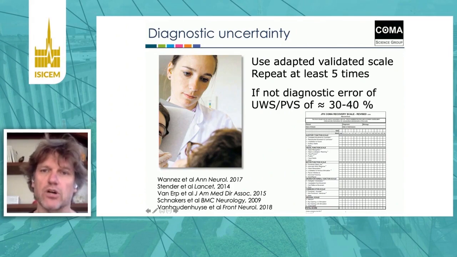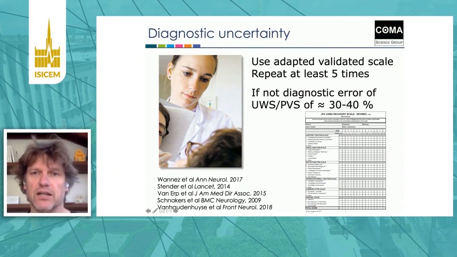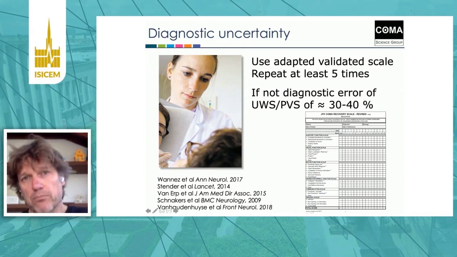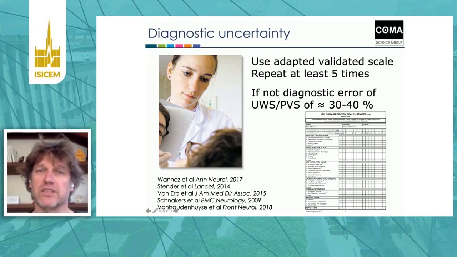The best one around is the coma recovery scale, and we should repeat that scale at least 5 times. Now, this is a great tool, but it is time-consuming to learn and then to deploy in the ICU, and that is why I'm afraid the vast majority of those now listening don't use the coma recovery scale.